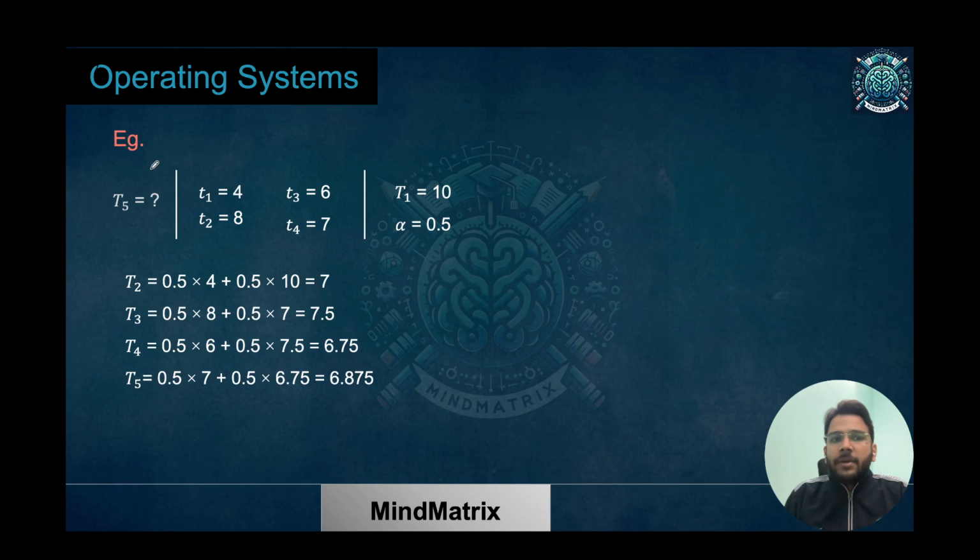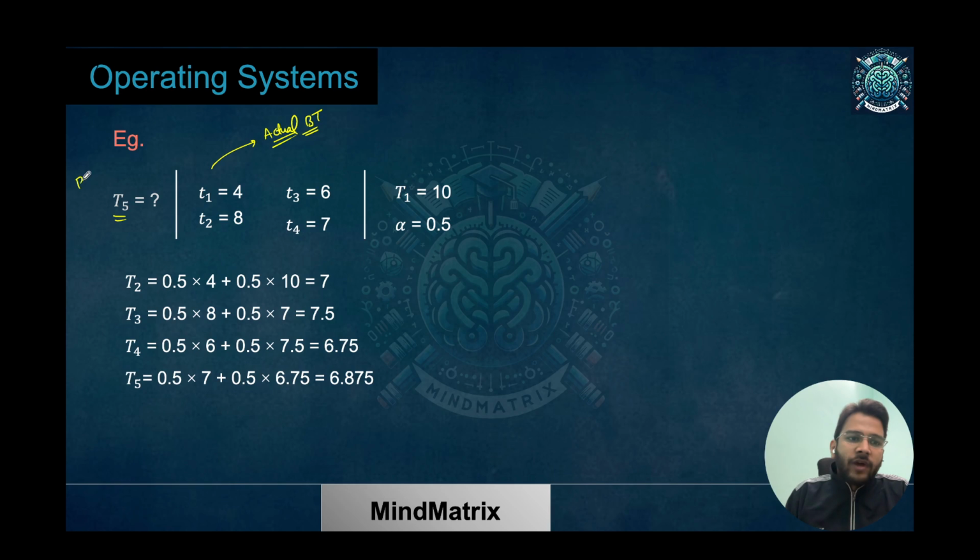Let's see one example based on exponential averaging. So we have t1, t2, t3, t4. These are the actual burst times of 4 processes. Okay, the previous 4 processes that have been executed. This is the given actual burst time. And we need to find T5.